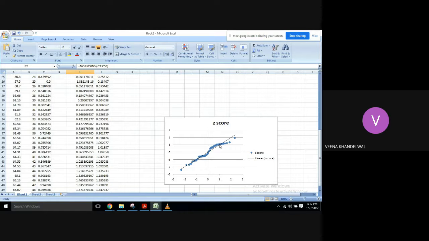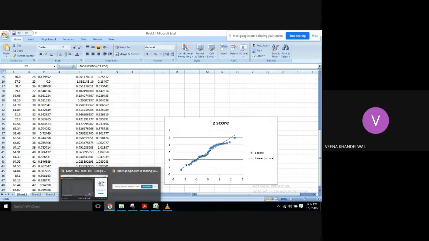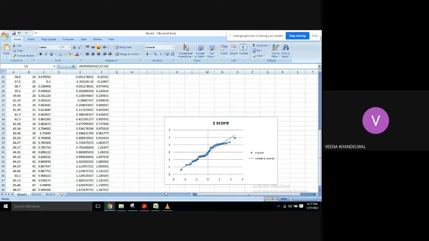We can say that this data follows the normal distribution, because the line of the normal distribution is from the theoretical Z score value which we had computed using NORM.S.INV, and these blue dots are for the Z score values which we have computed from the values of the data. Since the data lies almost on the line, and only a small part of the data is not aligned with the line, but most of it is aligned, we can say that the data is normally distributed.